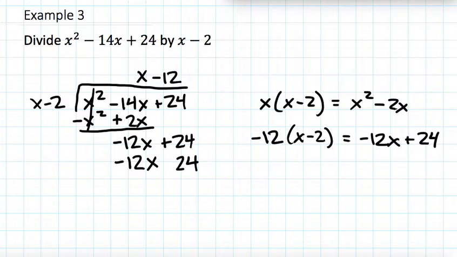So when I subtract it, negative changes to positive, positive changes to negative. So this is negative 12x plus 12x, that cancels out, plus 24 minus 24 is 0. So for this problem, my remainder is 0, so my answer is just x minus 12.